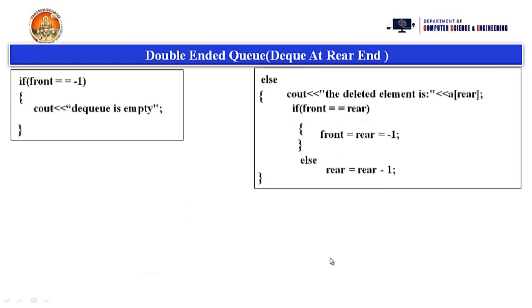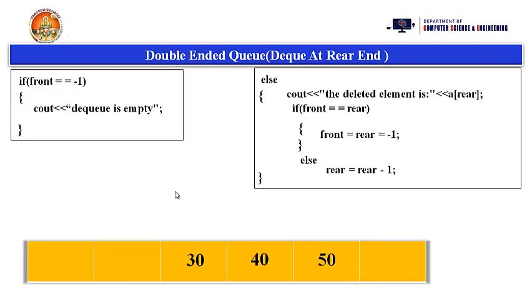Now we'll see how to dequeue the element at rear end, and this is the code to dequeue the element at rear end. The queue consists of 3 elements 30, 40, 50, and the size of the queue is 6, and the index positions are 0 to 5, and the queue name is A. The front is pointing to the 30 value and the rear is pointing to the 50 value.